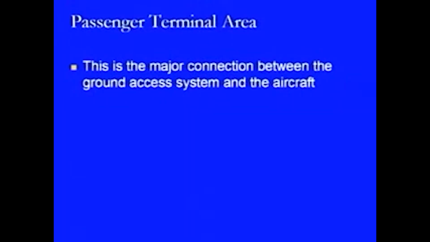Now, if we look at the very first aspect, that is related to the passenger, then we will be talking about the passenger terminal area. This passenger terminal area is one of the major connectivity points provided between the ground access system and the aircraft, because the persons who are coming from the city by using certain access systems provided on the ground will reach the airport, and before reaching the aircraft directly to board it for moving to another city, they have to cross a certain terminal area and the activities placed within it.